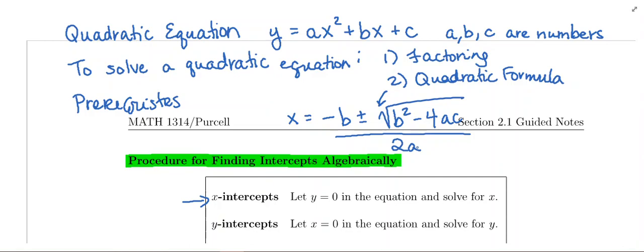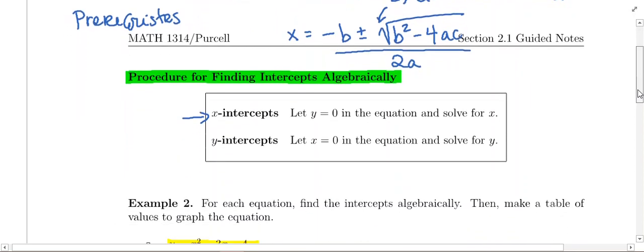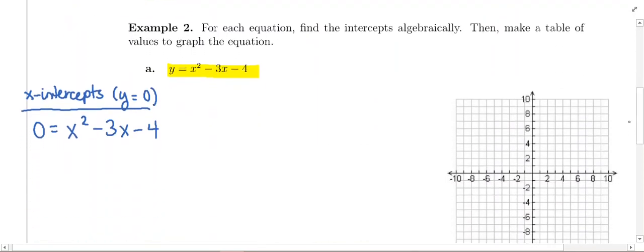All right, so we're going to try to solve this quadratic equation down here: 0 equals x squared minus 3x minus 4. Again, this is a quadratic equation because it's in the format 0 equals ax squared plus bx plus c.